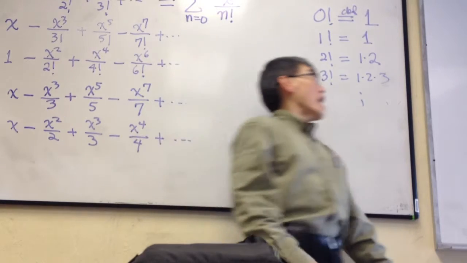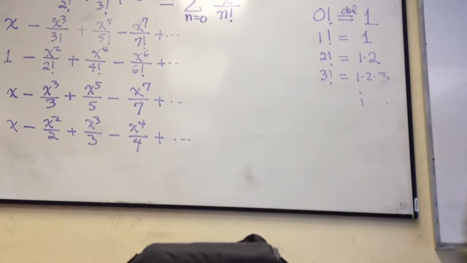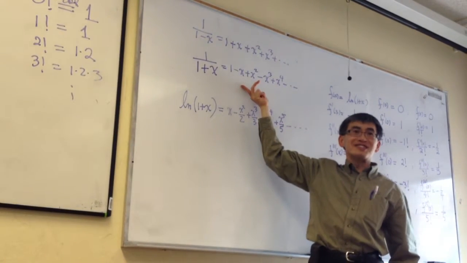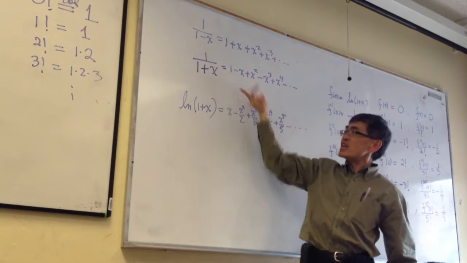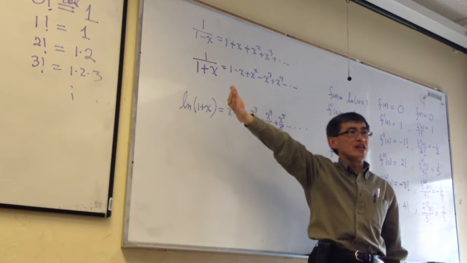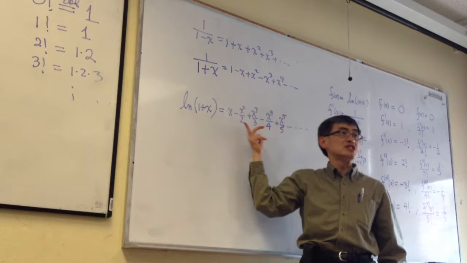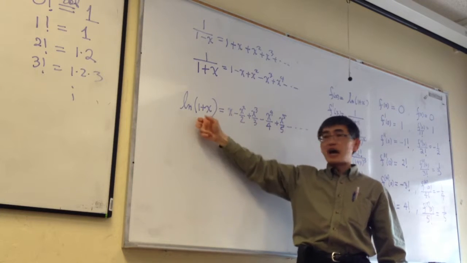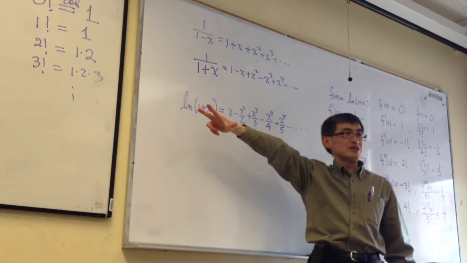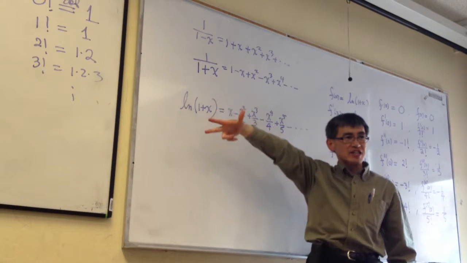In other words, I might as well just use the first method, because if I'm experienced enough, I know that if you take derivatives of this one, that one I know has a series. And then if I integrate back, I automatically get a series that I'm sure converges to this function, based on the big theorem from last section.